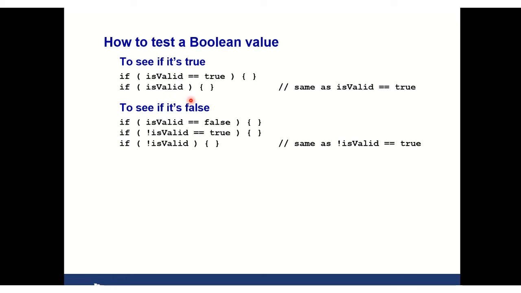If you put equals true or if you put a single word isValid, they are the same to the compiler or interpreter. They do not make any difference. It's the way you choose to write the code. Maybe you are inheriting a lot of legacy code.